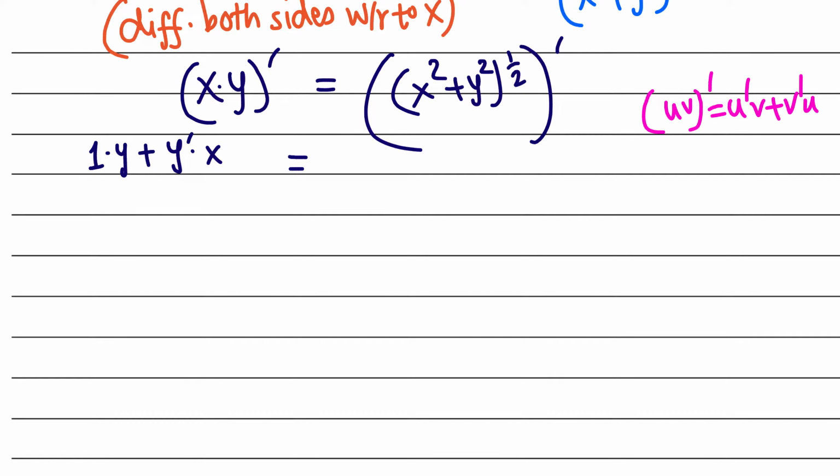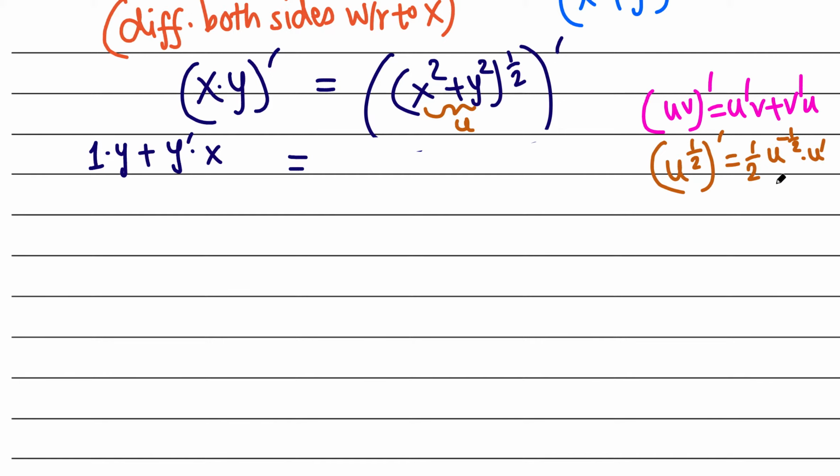So we got here now something that looks like u raised to 1/2, derivative. And when we have u raised to 1/2 derivative, where u is a function of x, it's the power rule: 1/2 u times u raised to 1/2 minus 1, negative 1/2, times derivative of this inside function u.